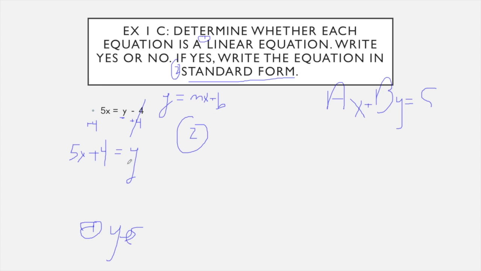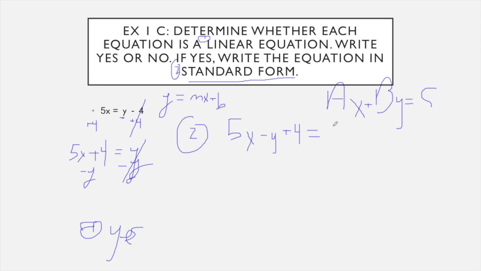So what operation can I do to get rid of the y on the right and to end up with a y on the left? Well, we know if we subtract y from both sides, this will cancel out. And over here we'll get a y. So this will go away. And on the left we'll have 5x minus y plus 4 equals 0.